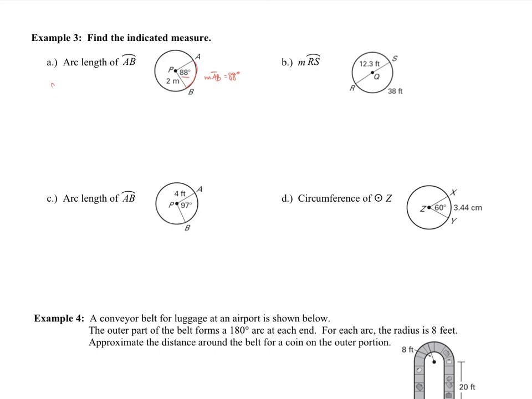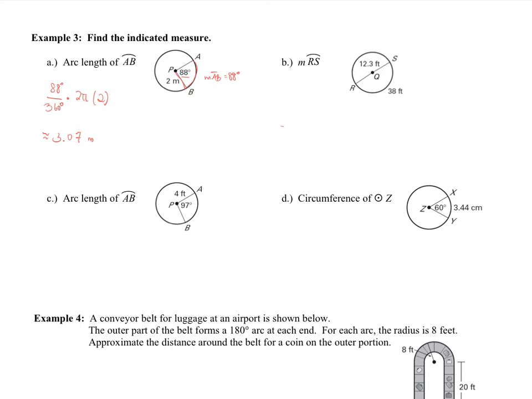So I can take 88 degrees and put it over 360 degrees and multiply this by 2 pi r. And our radius is 2 meters. So using your calculator, you should get about 3.07 meters.